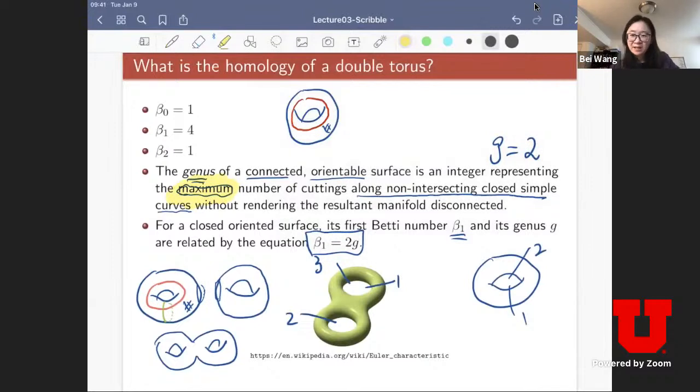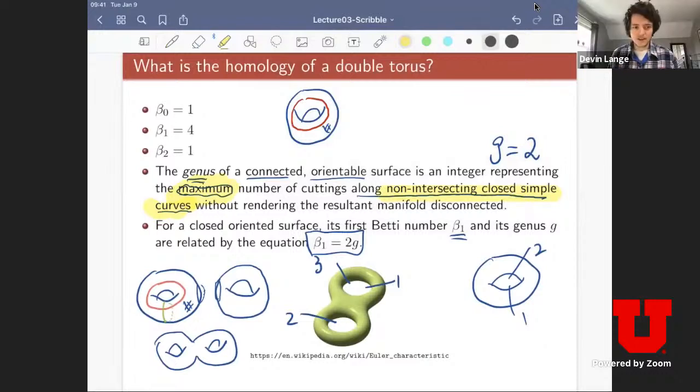And now my argument is if you do one more cut, remember, it is a non-intersecting closed simple loop. So you have to cut along a loop, right? So no matter how you cut now, once you have flattened it, well, actually, you cannot completely flatten it after 1, 2, there's still kind of a tube left. So no matter how you cut, you're going to disconnect the surface.